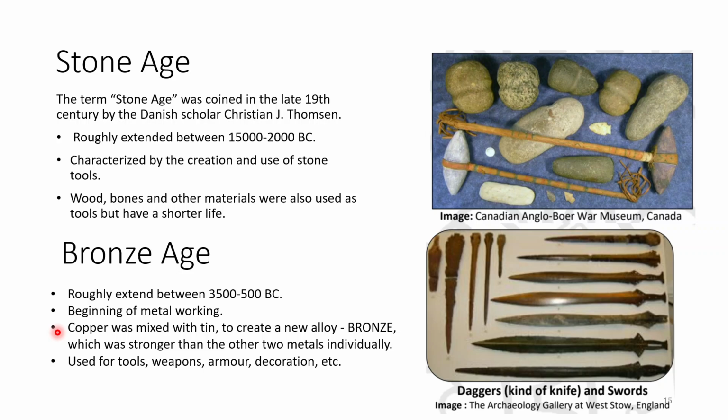Because of solid solution strengthening or the formation of intermetallics, the strength of pure copper and pure tin both increased. These were used for tools, weapons, armor, decoration, etc. Now here you can see weapons made of bronze. Okay, daggers, kind of knives and swords.